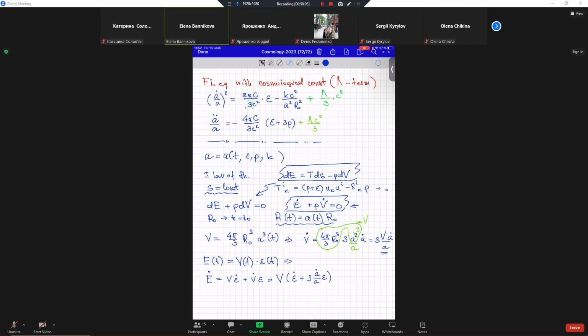So if we put all of this in this equation, let's call it star, put it in star. So what do we have? We have V times the bracket epsilon point plus 3a point divided by a epsilon, and plus V will be joined, so I can take it outside of the bracket, plus P times 3a point divided by a equals 0.